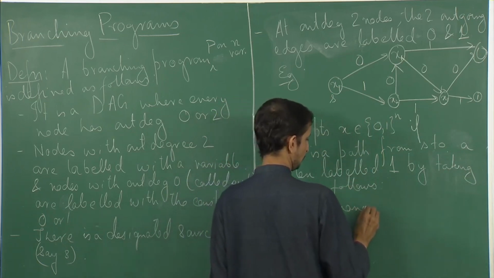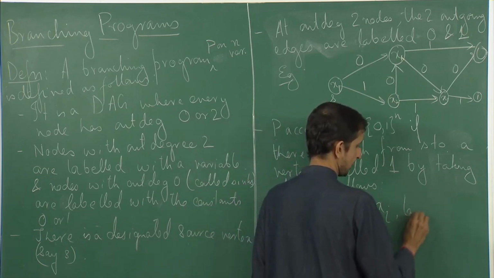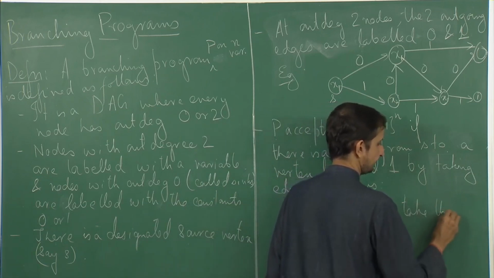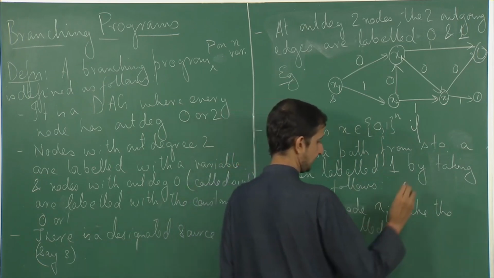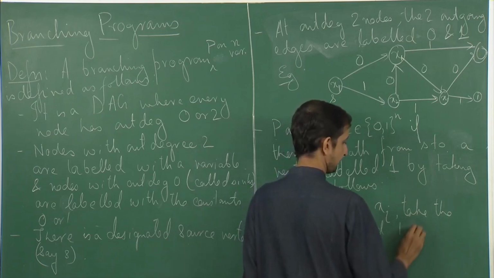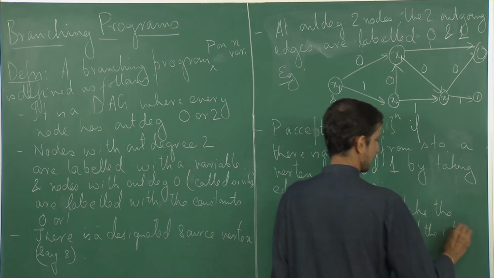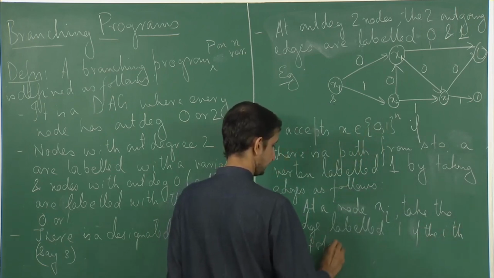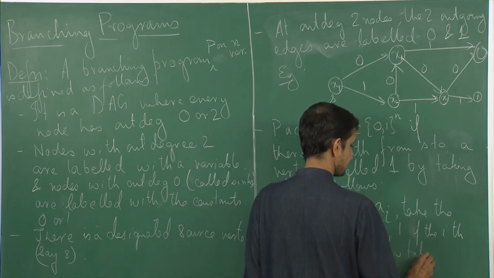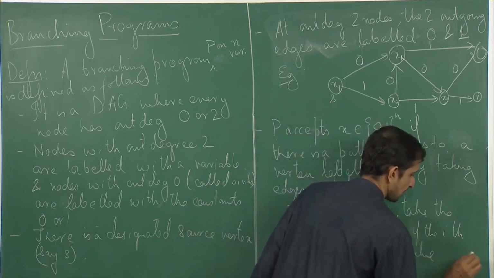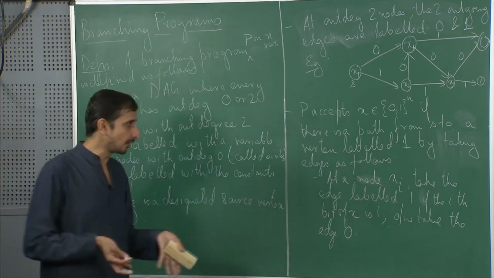At a node xi, take the edge labeled 1 if the ith bit of x is 1, otherwise take the edge 0. Okay, so basically in a canonical manner you take the edges.